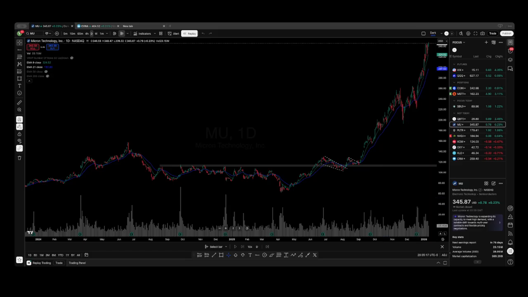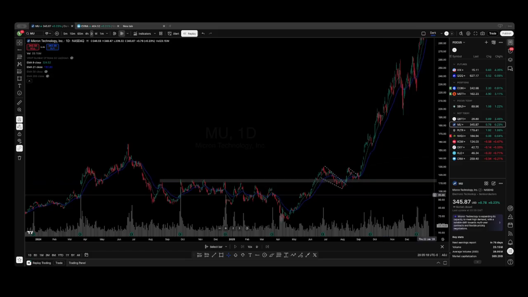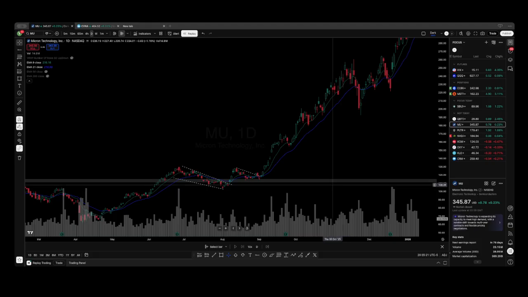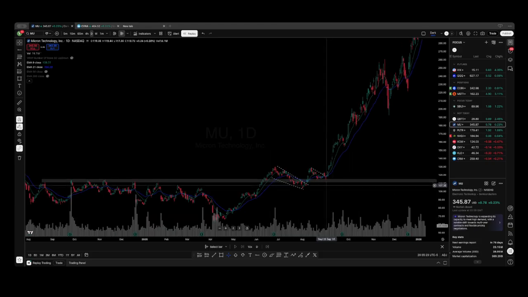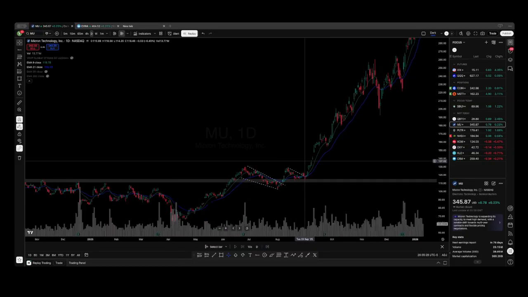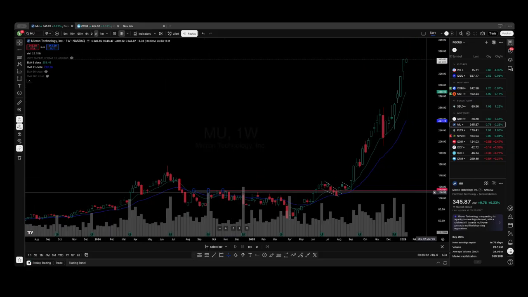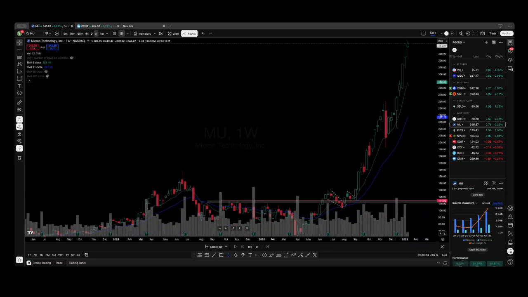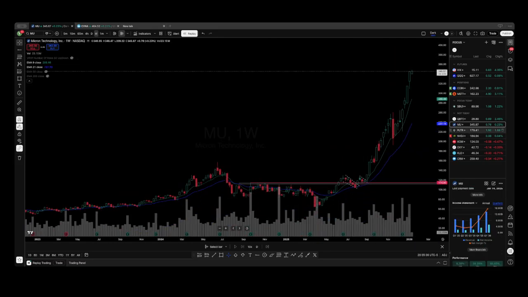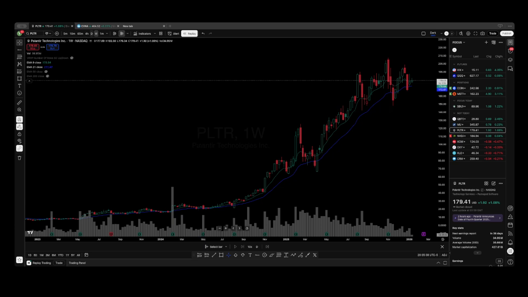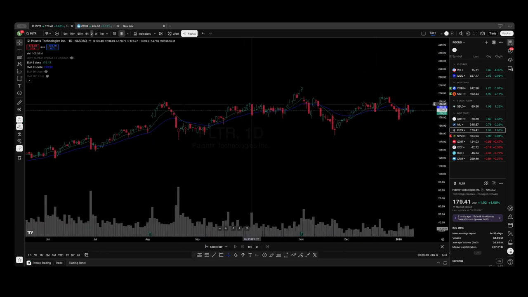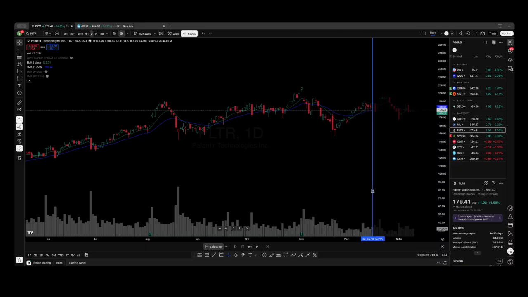This is a generational long that you do not see setting up quite often. I did have it on watch from back here, and I did trade it a few times. But this is what a textbook flag looks like. Now compare this chart to something that looks like PLTR from back here.